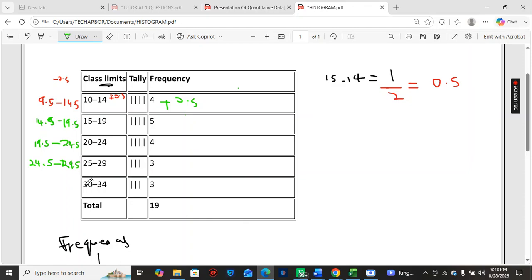Here 30 minus 0.5, that is 29.5. 34 plus 0.5, 34.5. So colleagues, have you seen how we've now connected the classes? We've now made class boundaries. We converted the class limits to class boundaries.